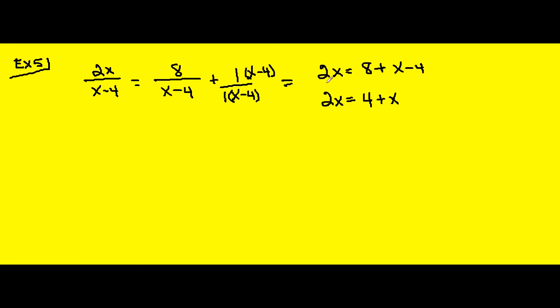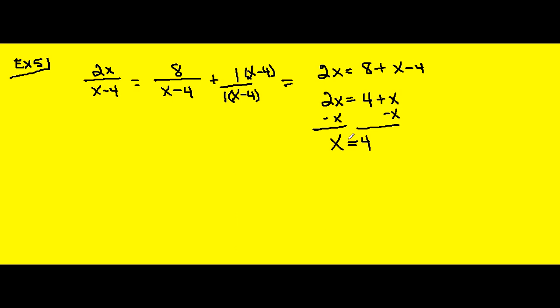And I see I've got x's on both sides of the equal sign. I've got to get them all over onto one side. So I'm going to subtract this x and bring it over to the left side. So that's what I got. 2x minus x is 1x, that's going to equal 4. So my solution is that x equals 4.